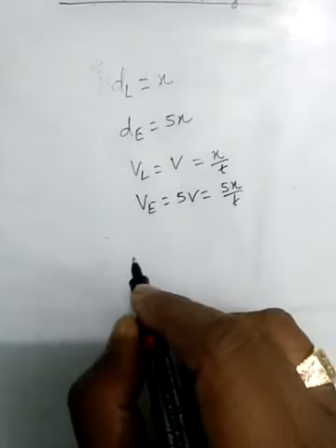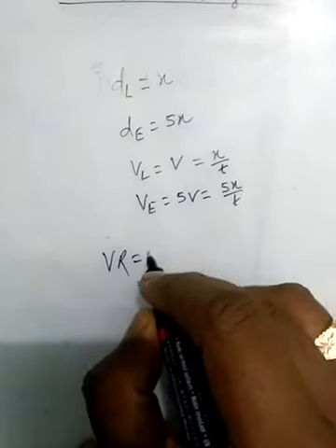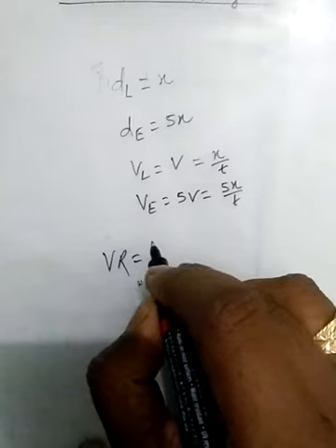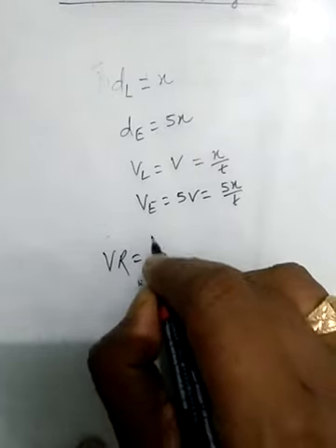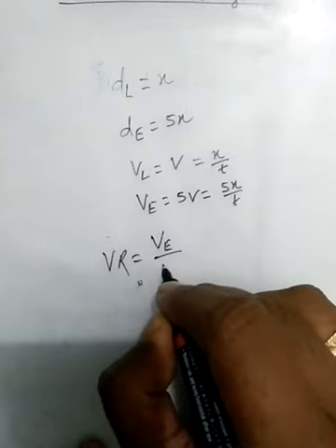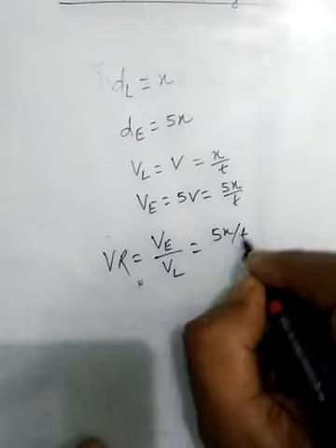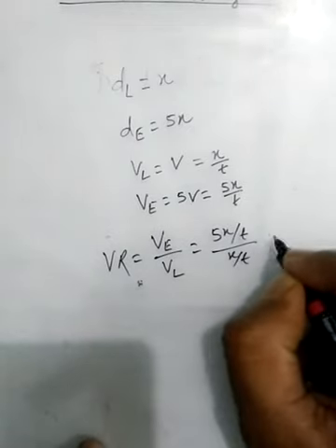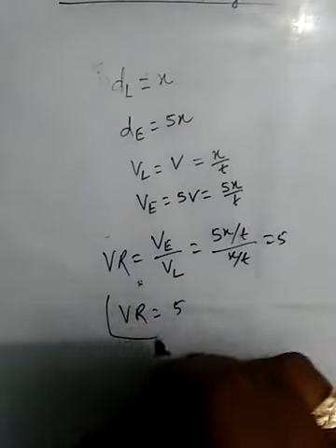Now we have to find out the velocity ratio. From the definition, we know that the velocity ratio is equal to the velocity of effort upon velocity of load, which is 5x by t upon x by t, which is equal to 5. Velocity ratio is 5.